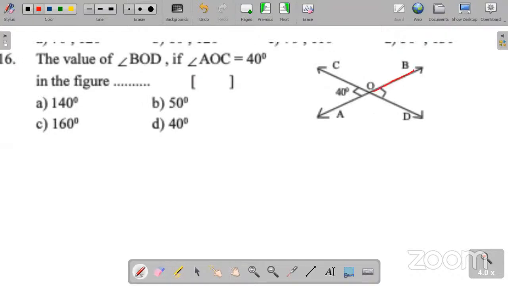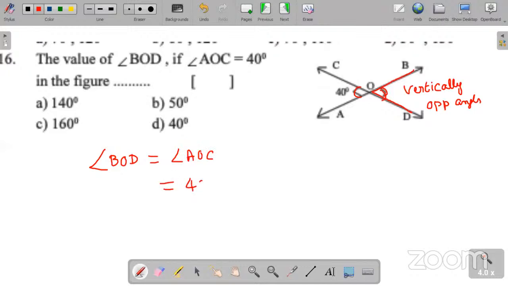These two angles are called vertically opposite angles, so they are equal. For example, angle AOC is 40. What is the angle BOD? Angle BOD equals angle AOC, so we get 40 degrees. So our answer is 40 degrees.